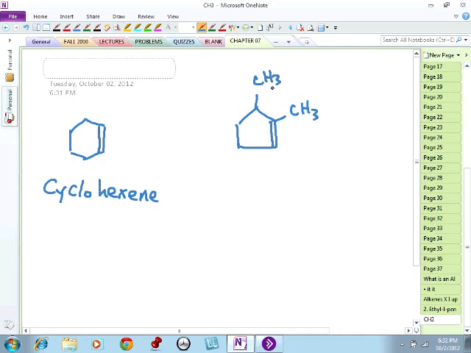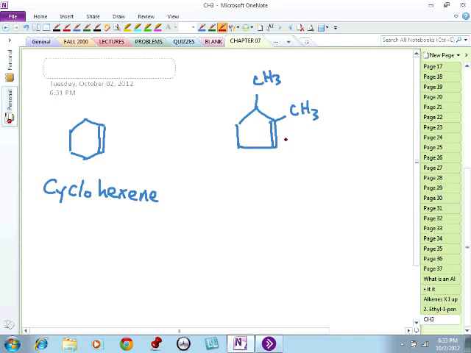Well, I'll give you a hint. We are going to name this as a cyclopentene. Okay? Cyclopentene. So how do you think we are going to number this? Okay, is it 1,2 dimethyl? Keep in mind the focus is on the carbon-carbon double bonds.